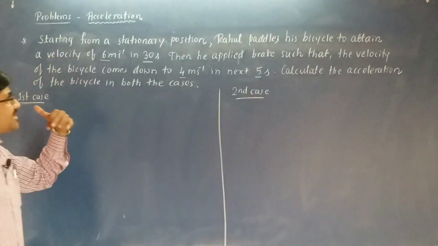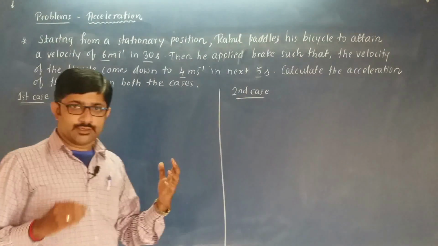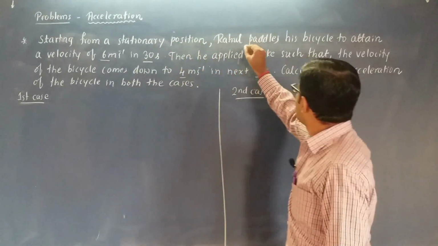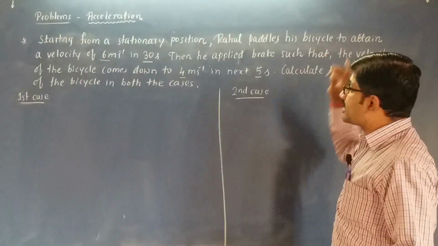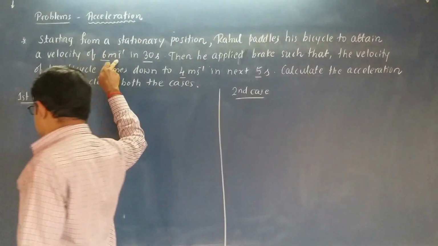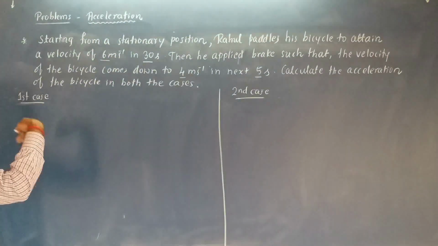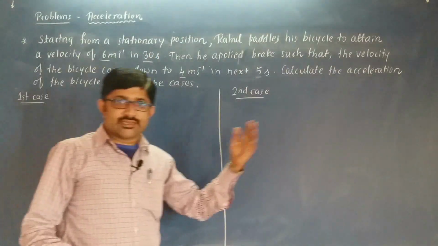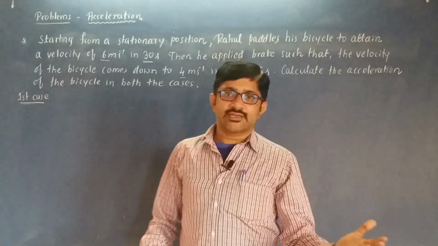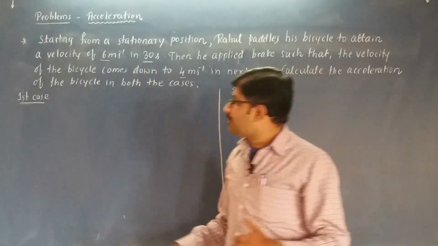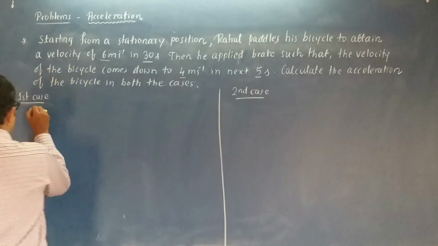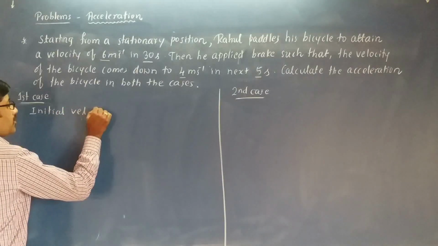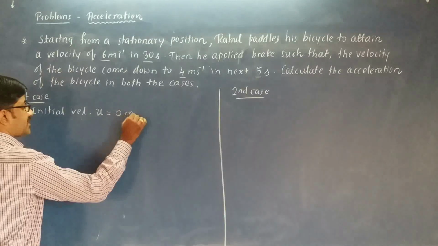So let's try to get the first case. Starting from stationary position, Rahul pedals his bicycle to attain the velocity of 6 meter per second. From rest state, initially he starts his journey from stationary position, which means initial velocity u is equal to 0 meter per second.